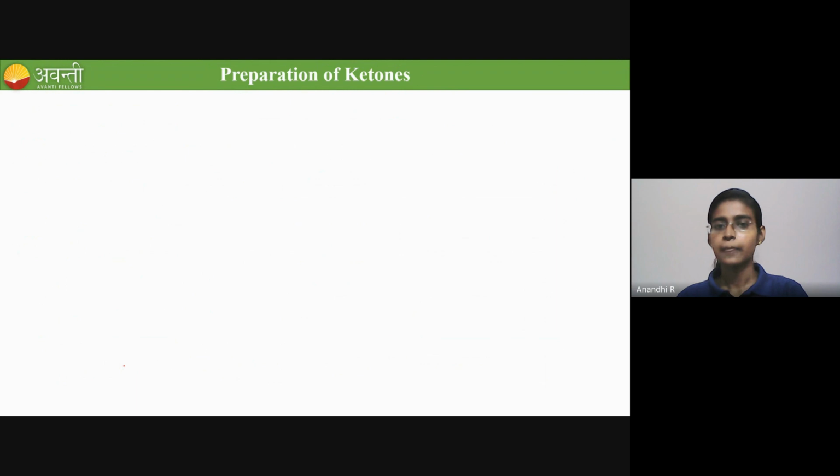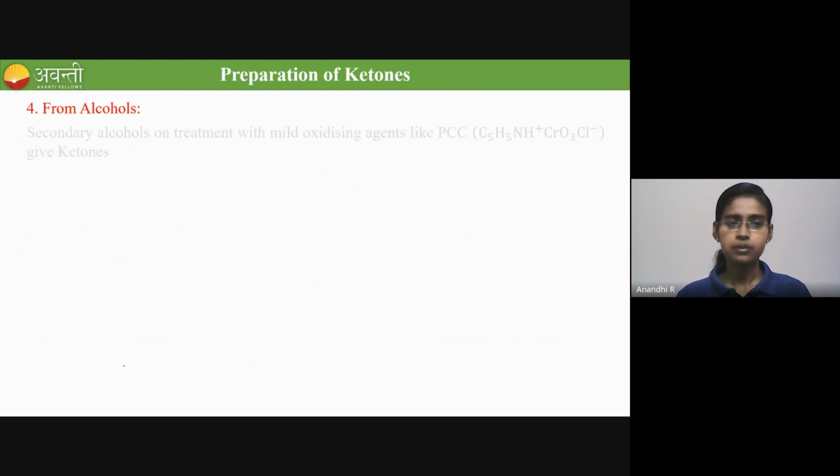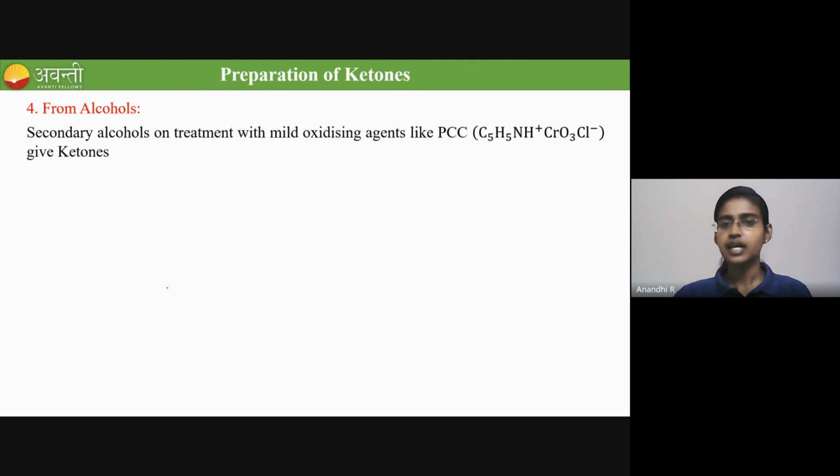Okay. Now the next preparation of ketones is from alcohols. So secondary alcohols on treatment with mild oxidizing agents like PCC, which we call pyridinium chlorochromate, right? On treatment with this PCC, it forms ketone.